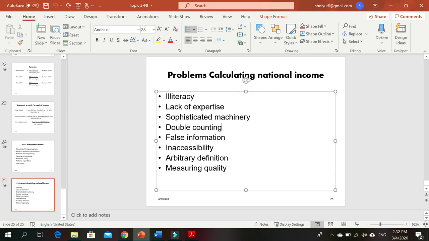Double counting ni lebih kepada, for example, second hand item. For example calculator kan, bila dia first release dalam pasaran, dia dah record. So bila dia dijual kembali, walaupun dia ada nilai yang berlainan, for example kereta Myvi dia dah keluar dalam pasaran tahun 2015, harga dia RM60,000. So dia ada record dalam pendapatan negara masa tu RM60,000 tahun 2015.